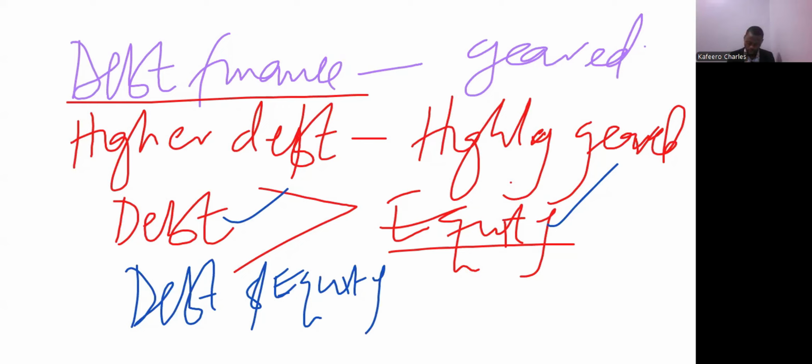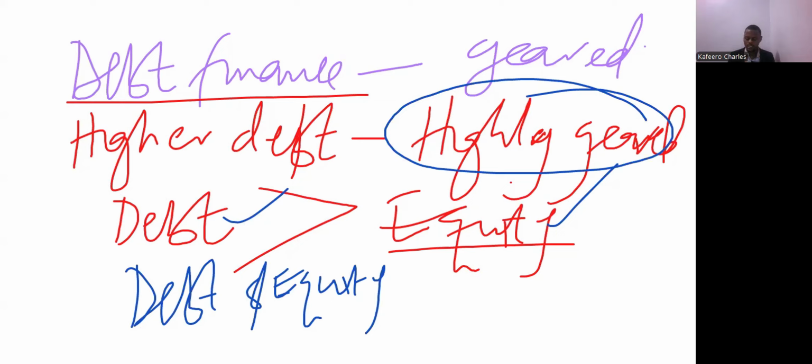So the argument, though, is not whether someone should have debt in their capital structure or shouldn't. The argument is that if the company has more debt, in other words, if the company is highly geared, then it raises some concerns.